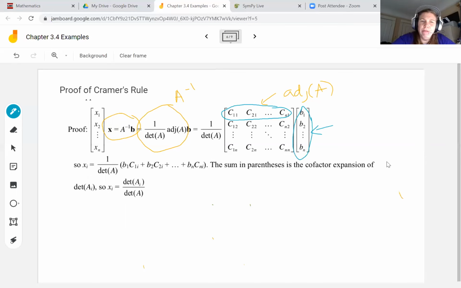So for the ith row, we're going to have B1 C1i plus B2 C2i plus all the way through Bn Cni, all multiplied by 1 over the determinant of A. But this right here is just the determinant of Ai. So xi equals the determinant of Ai, this expansion, divided by the determinant of A.